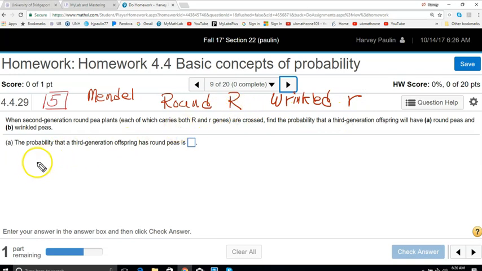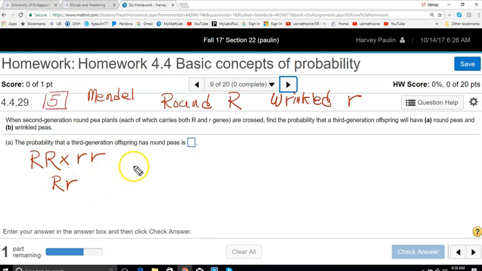When we have our first cross, purebred round with purebred wrinkled, they all end up being round, but carrying the gene for the recessive.